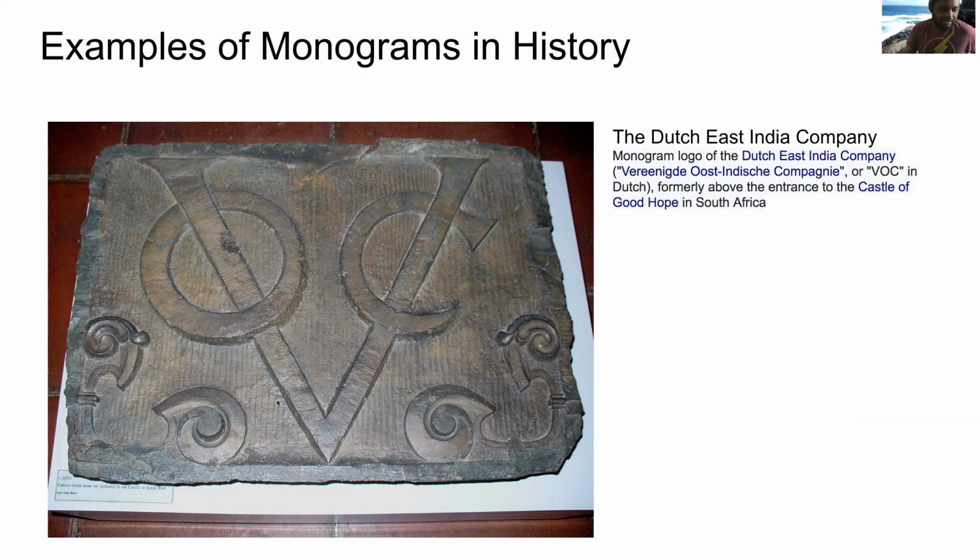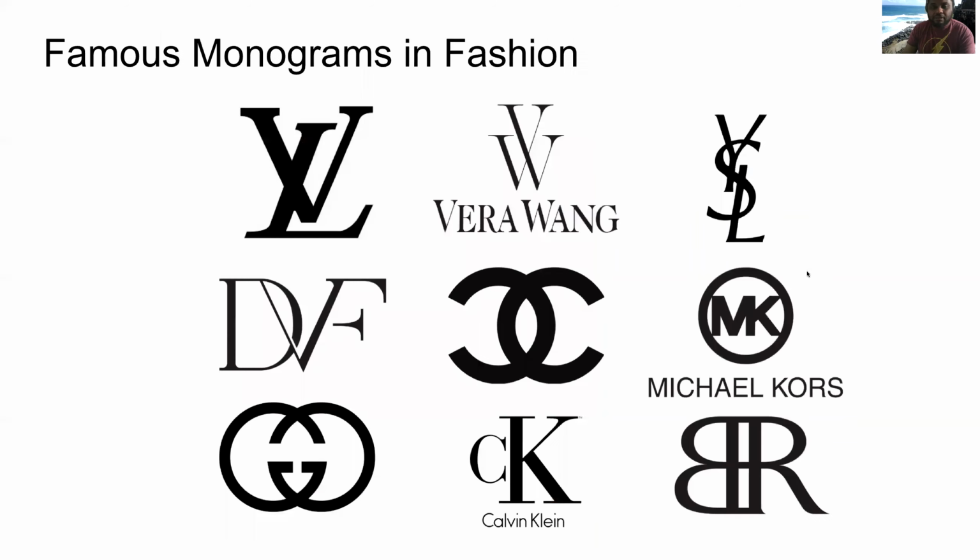So the VOC, and then obviously there's some decoration around this. This must have been on a building. I don't know if this looks like stone. It's like carved stone by the way it's cut here. Probably part of a building or something like that. Oh, there it is, a castle in South Africa. So it's pretty amazing that even at that time, it was really important to be able to communicate who you were or what company you were and make it as simple as possible. So everybody who saw this knew exactly who this was around the world.